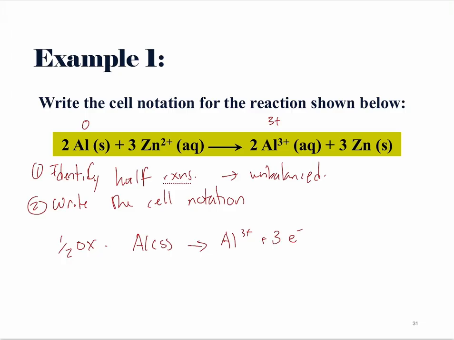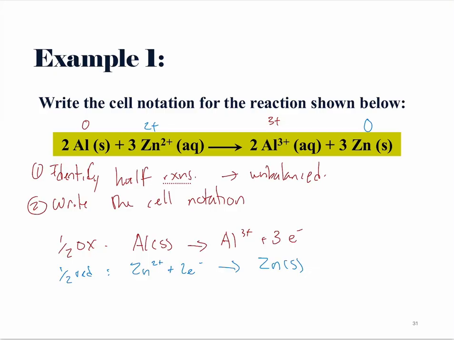And what about our reduction half reaction? What species gets reduced then? Zinc, right? So we write that as zinc 2+ plus 2 electrons, because we go from zinc 2+ to zinc 0. Zinc 2+ plus 2 electrons goes to zinc solid, right?